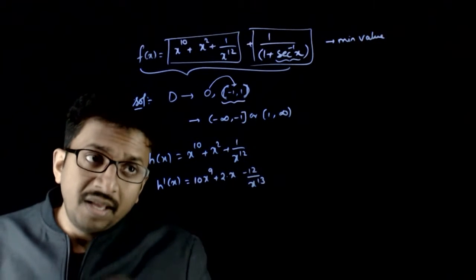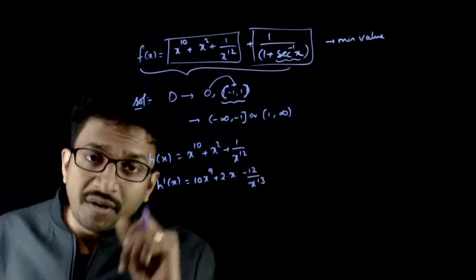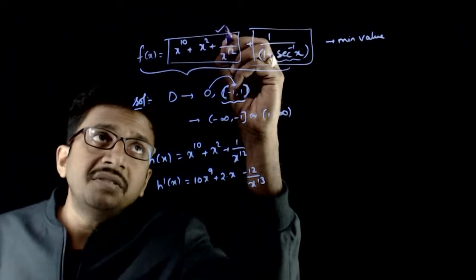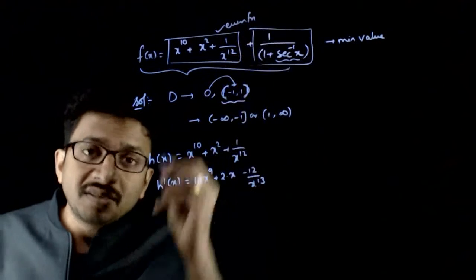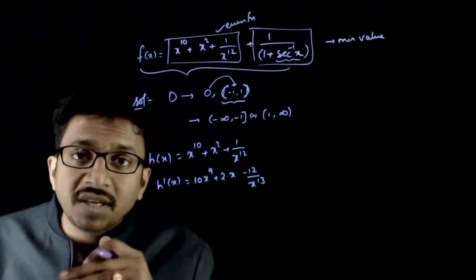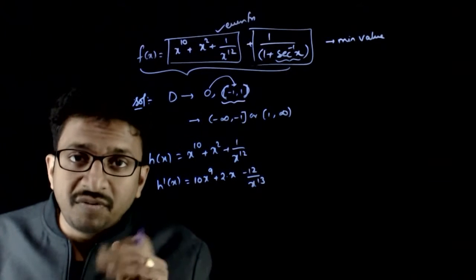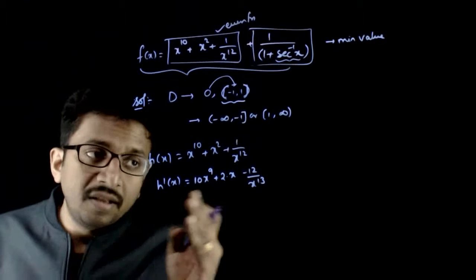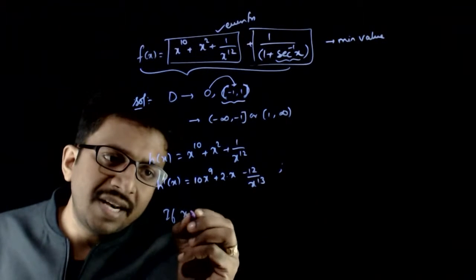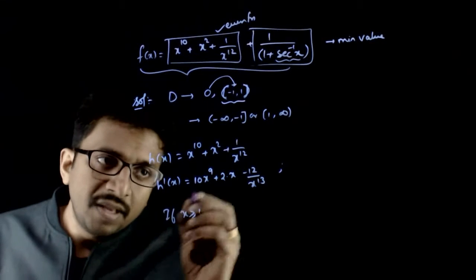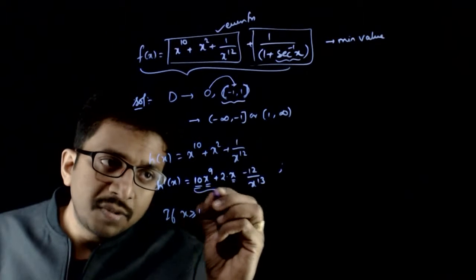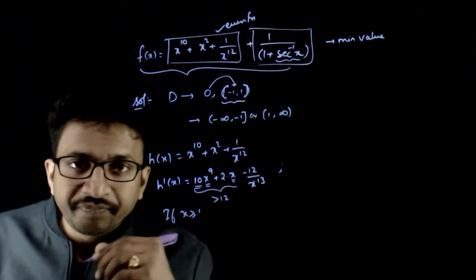Now, let us analyze in these two intervals. The first thing I see is that this is an even function. That means if I know the graph on the positive side, the graph on the negative side will be just the mirror image with respect to the y-axis. Now, if x is greater than or equal to 1, then 10x^9 plus 2x combined will be greater than 12.